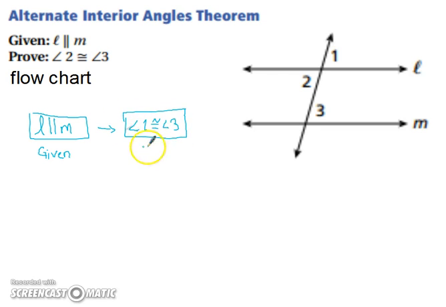Remember, a postulate is something you can use without proof, whereas a theorem you have to prove. So we have the corresponding angles postulate. We need another piece of information before we can state that 2 and 3 are congruent. We can use that angles 1 and 2 are congruent because they're vertical angles. So angle 1 is congruent to angle 2 by the vertical angles theorem.